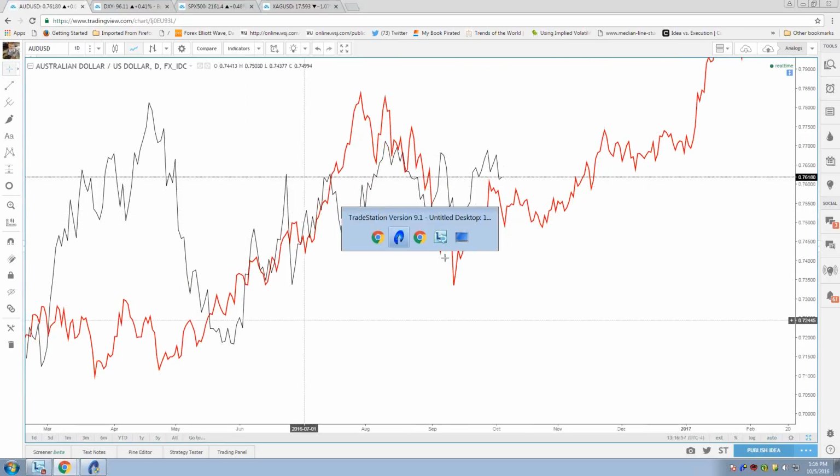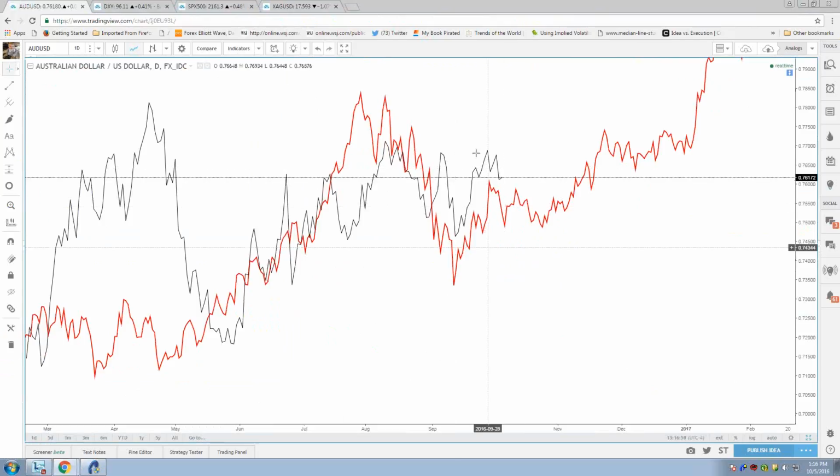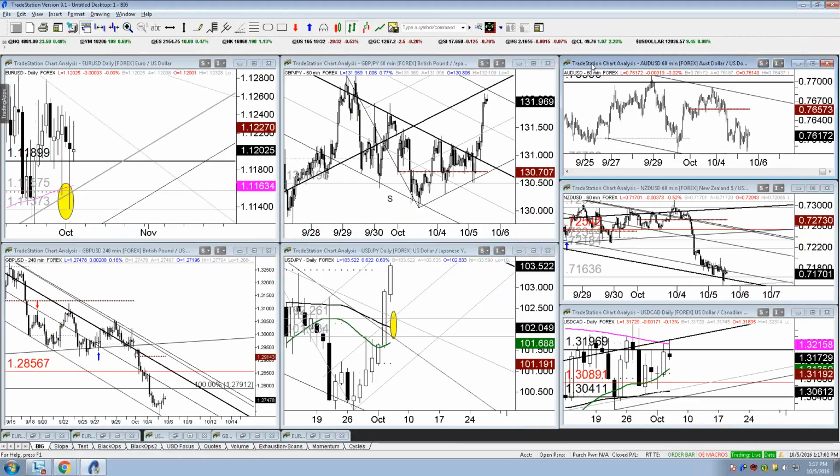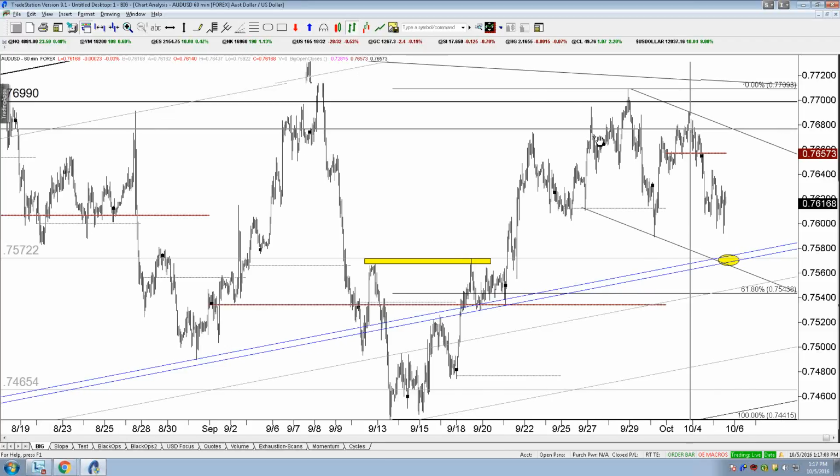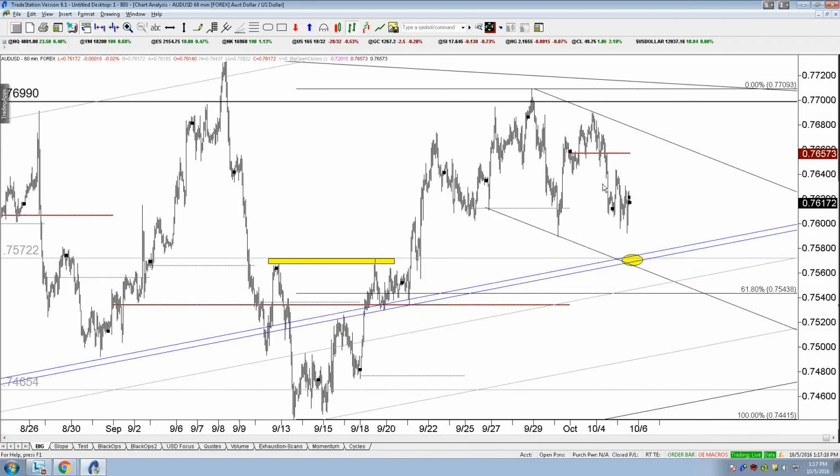So if we're taking this as our overview, that to me would favor a range trading type of scenario with the Australian dollar.